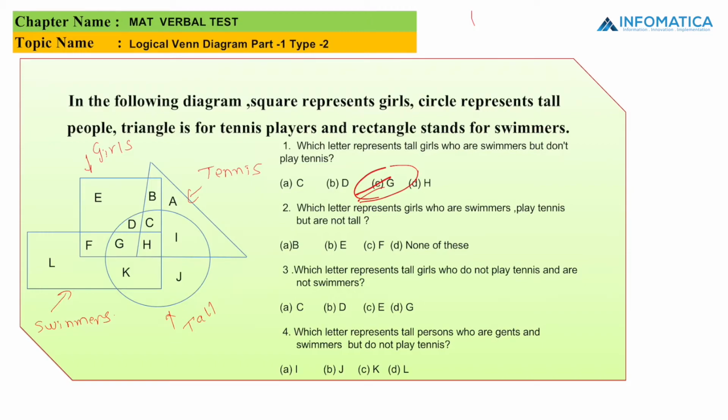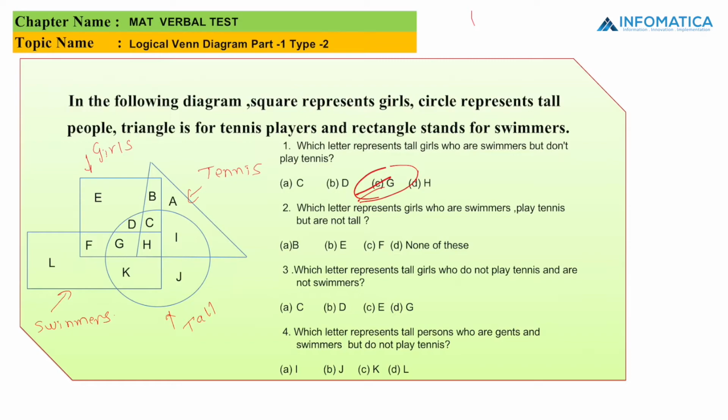Now let us look at the next one. It says, which letter represents girls who are swimmers, who play tennis but are not tall? First thing, we go for the girls. Now girls are having E, B, C, D, F, G, H. Now let us see the swimmers.